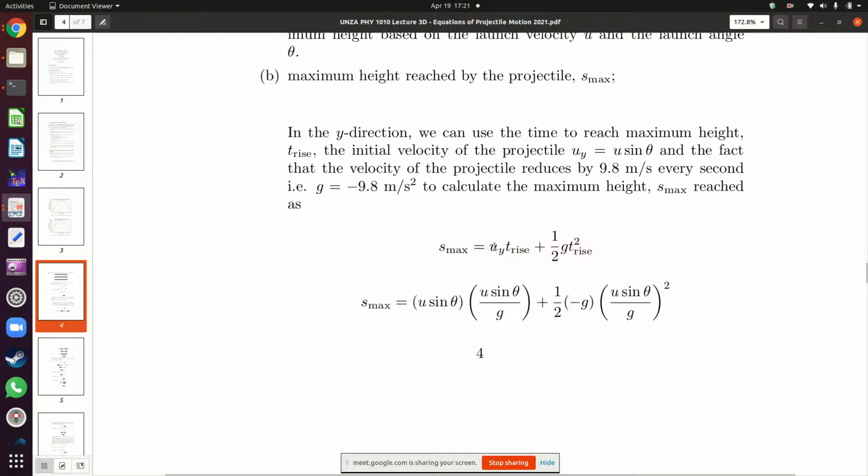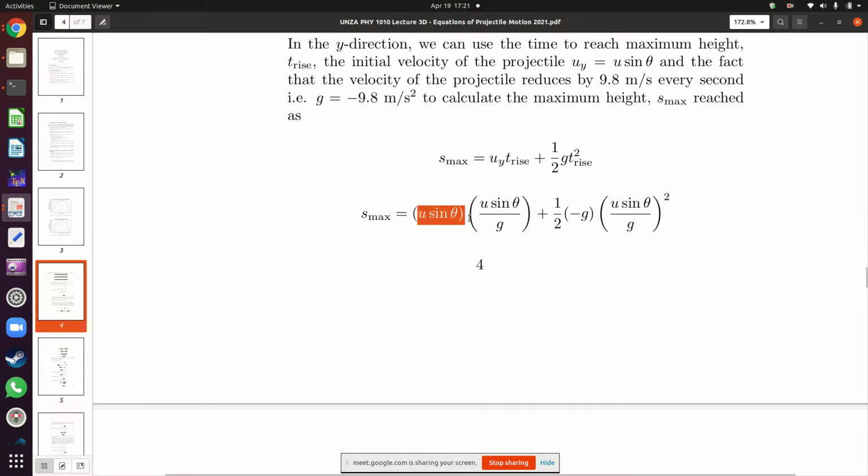So uy is u sine theta, t rise is u sine theta divided by g, then plus half, minus g, then t rise squared, which is u sine theta divided by g, squared.